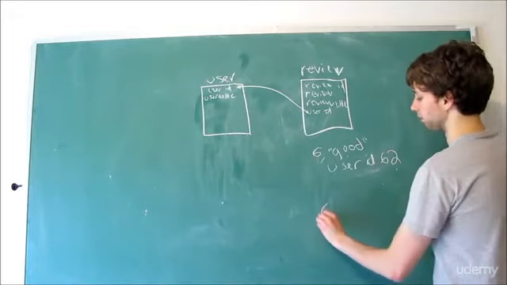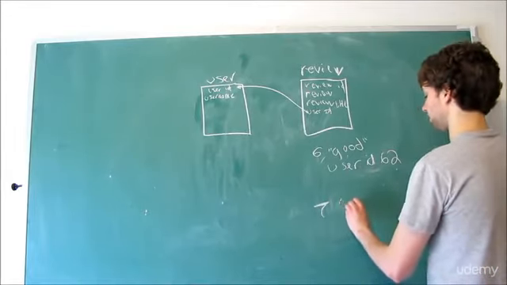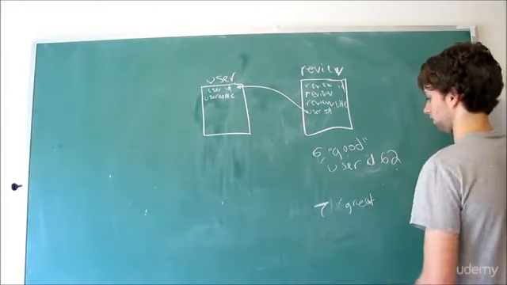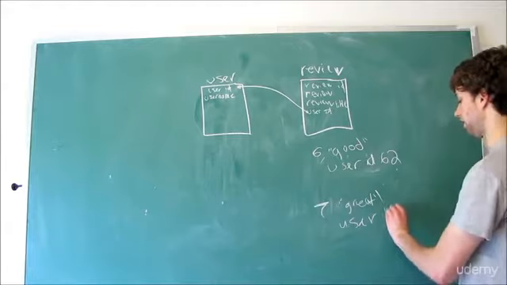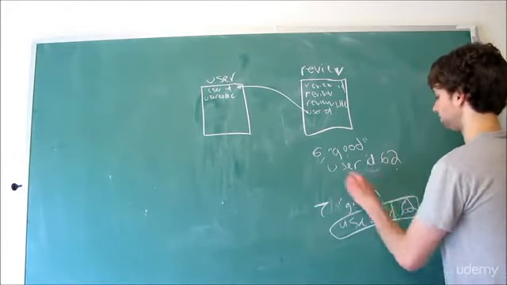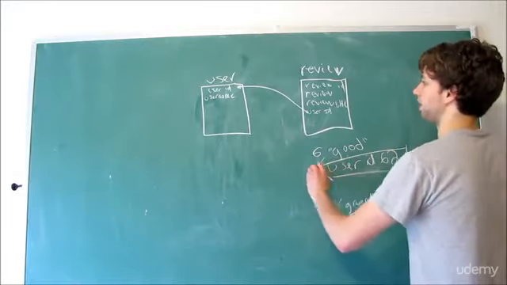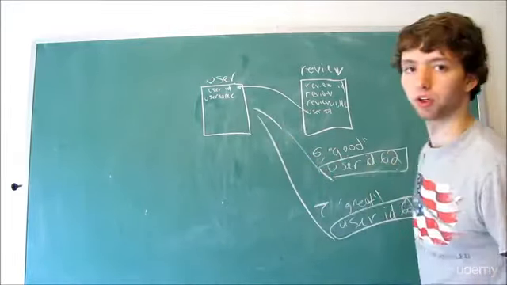Well, then we could have another one with the review ID of 7, and it could say great. And then we could have it from the user ID 62. Well, these are both from the user ID 62, so we could say this is a one-to-many relationship because multiple reviews point back to one user.